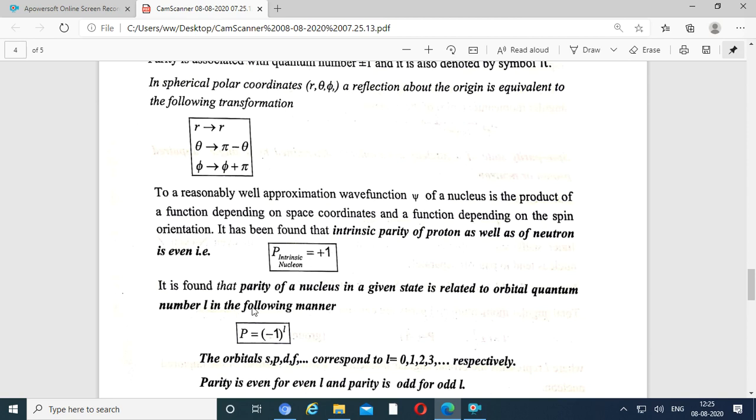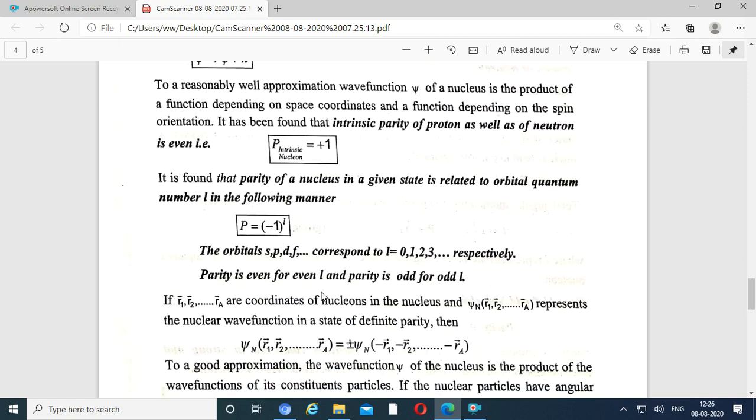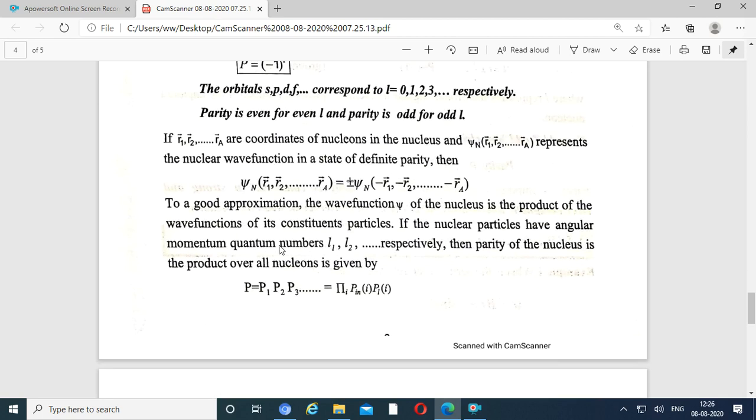The parity of a nucleus in a given state is related to the orbital quantum number l in the following manner: P equals minus 1 raised to power l. The orbitals s, p, d and f correspond to l equals 0, 1, 2, 3 respectively. So parity is even for even l and odd for odd l.